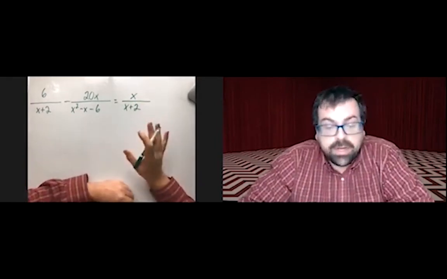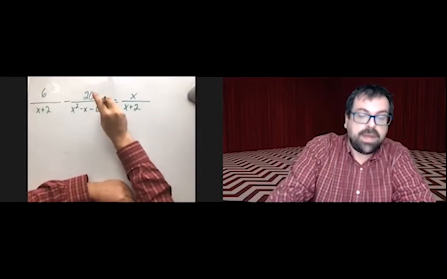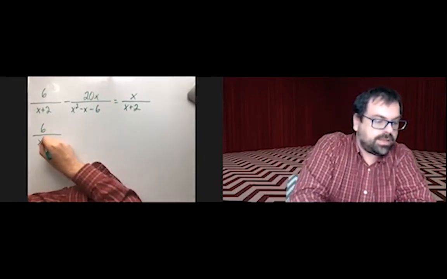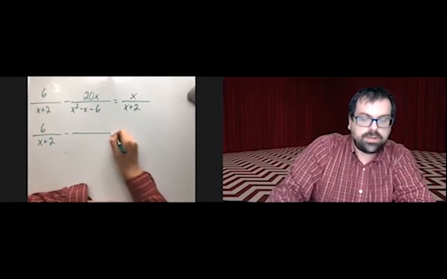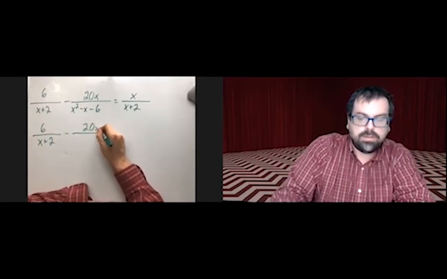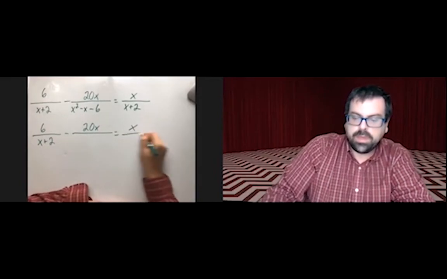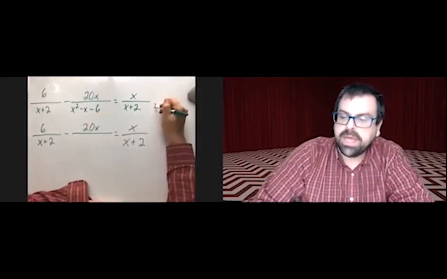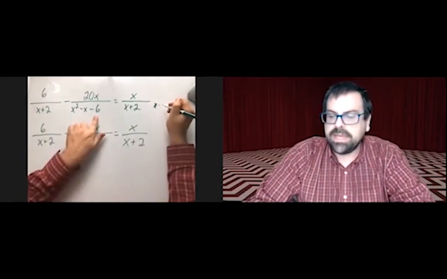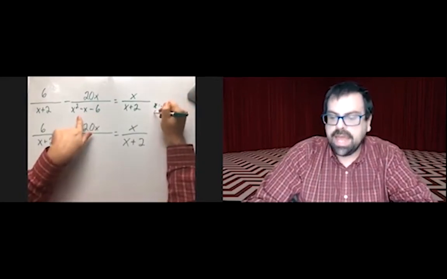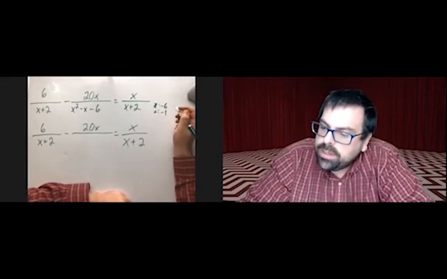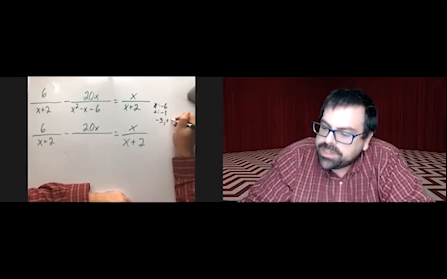Factor anywhere we see that we can, and we can right there. Nothing else changes. But here we'll need numbers that multiply to negative 6 and add to negative 1. This is going to be minus 3 and plus 2.